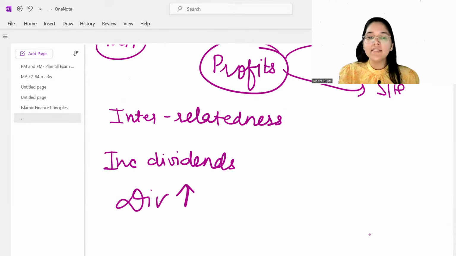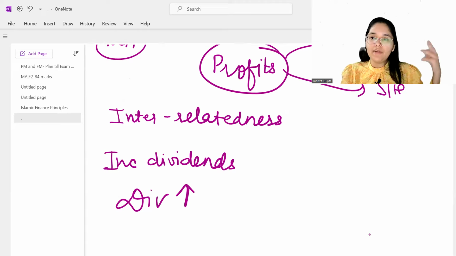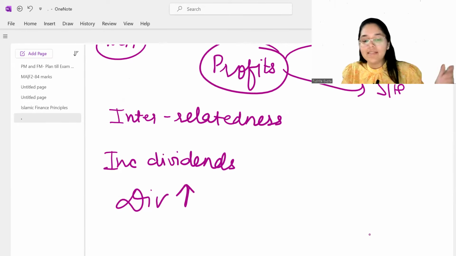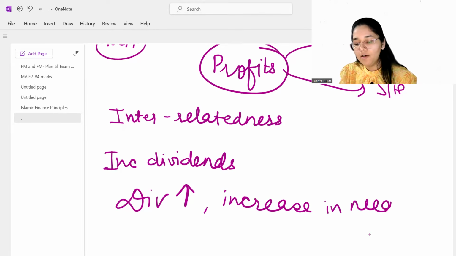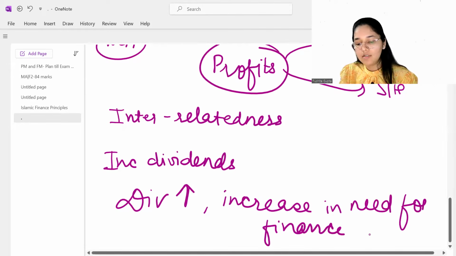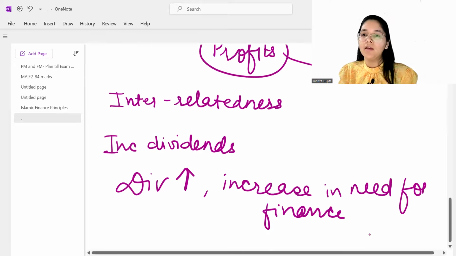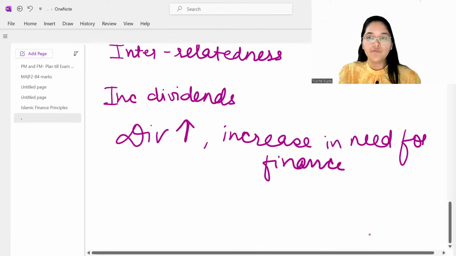Now, if you have paid a greater chunk of your profits as dividend, then if the business gets a good investment opportunity, it's out of money because the majority has been paid out as dividend. So it will need more finances. Once you have paid out more money as dividends, you will also need more finance to perhaps fund other projects which you want to invest in.